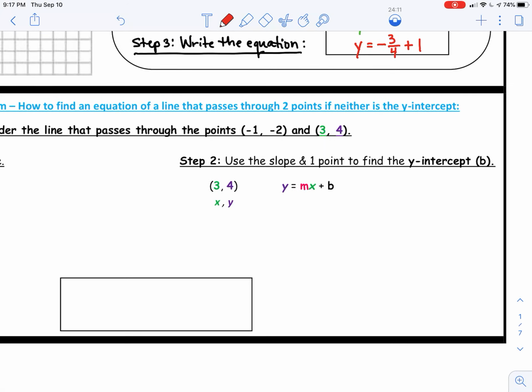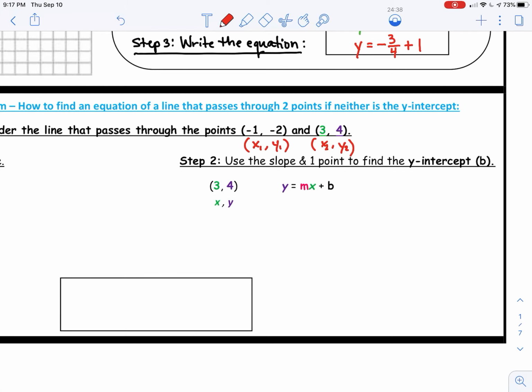Okay, so I have these color-coded for a little bit later, but let's go ahead and notice we have 2 sets of points. This is an x value, and this is a y value, and this is an x value, and this is a y value. But since I have 2 sets of points here, this is going to be x1, y1, and this is going to be x2 and y2, just to kind of separate our points.